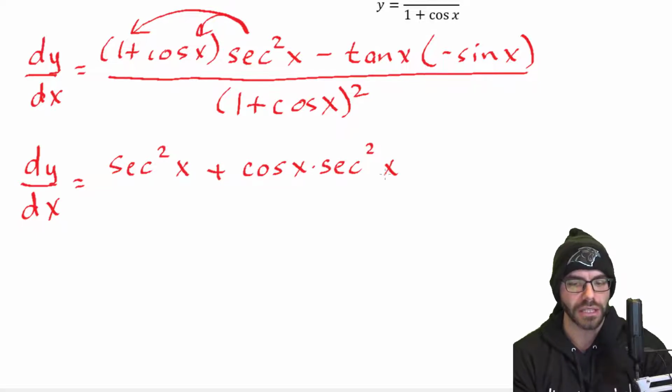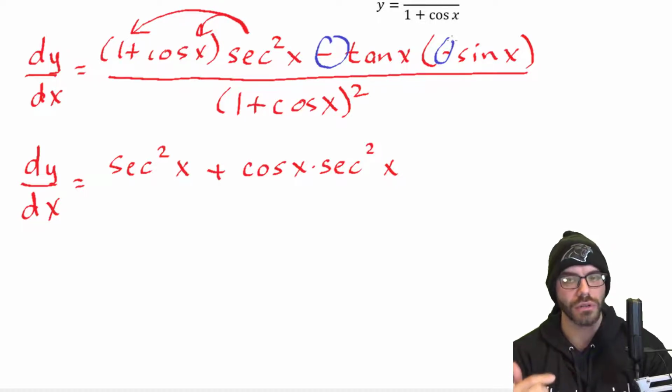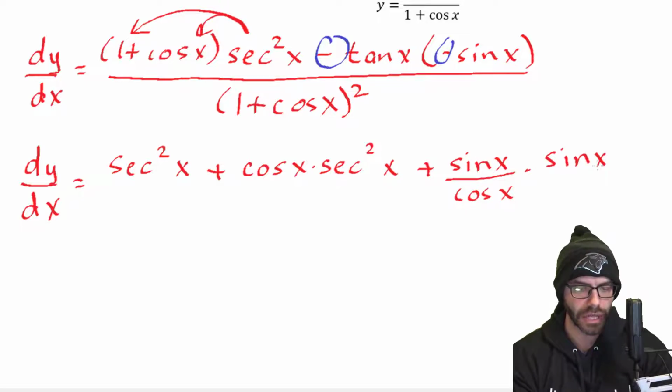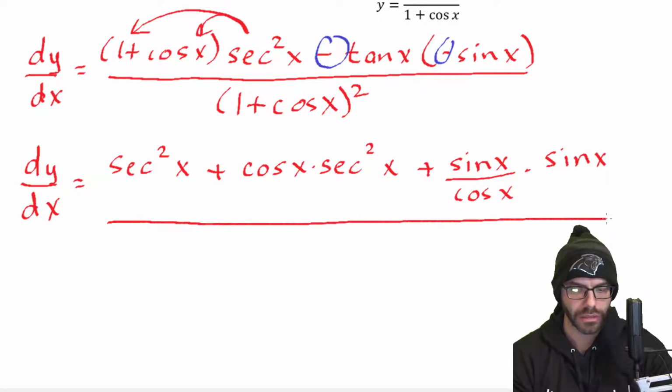And then finally, these two negatives right here are being multiplied, so that's going to result in a positive. And now think tangent is sine over cosine, and therefore if I take sine x over cosine x and multiply by sine, that's what that would look like right there. Okay, and then of course over 1 plus cosine x squared.